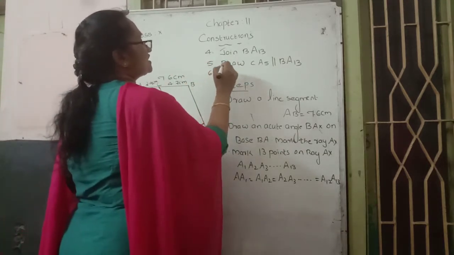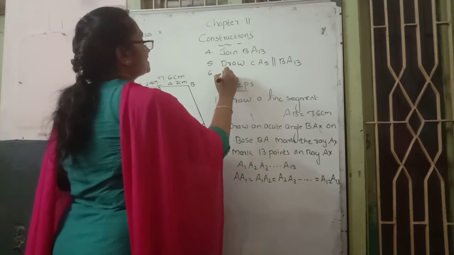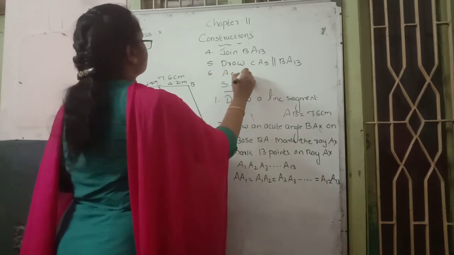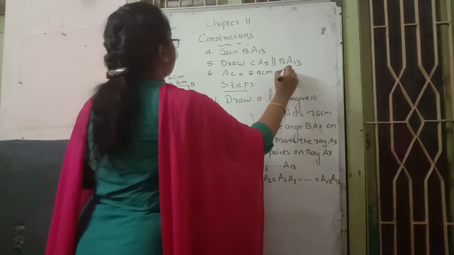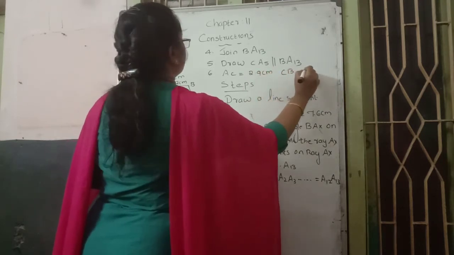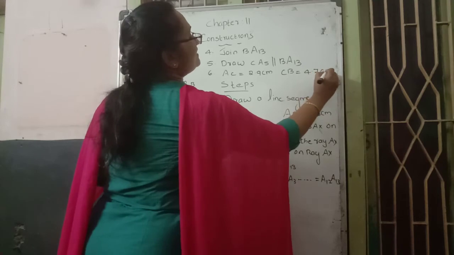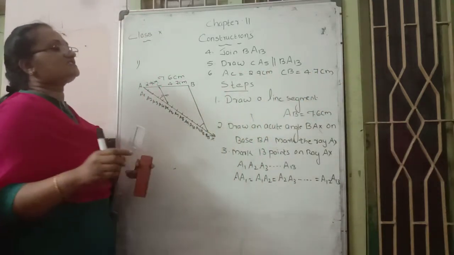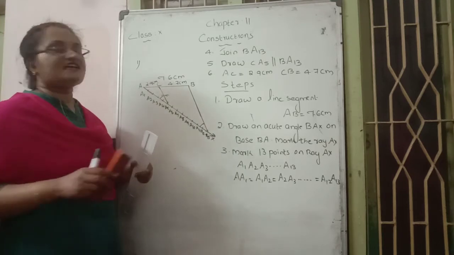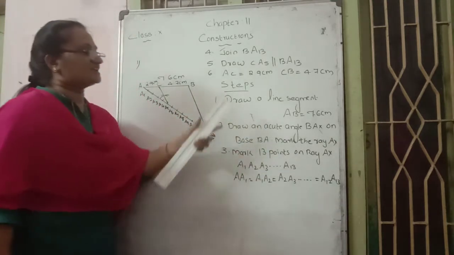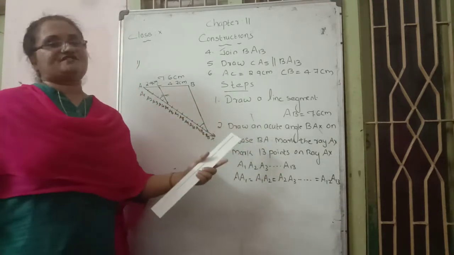What is the measurement? AC is equal to how much? 2.9 centimeter, and CB distance is how much? 4.7. 2.9 plus 4.7 becomes how much? 7.6 centimeter. I hope you can understand how to write the steps.